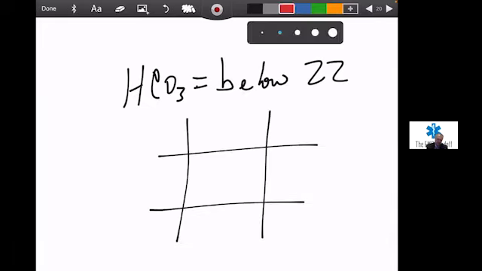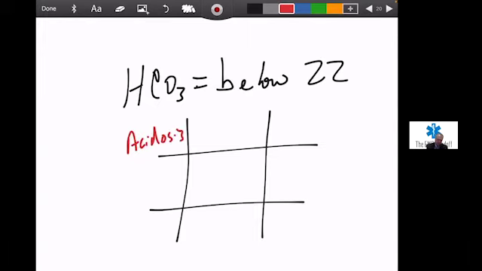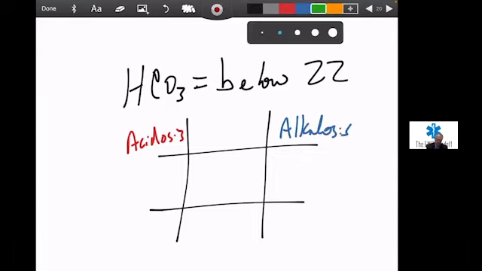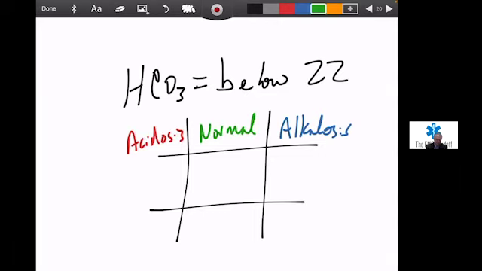If it is below 22, then I know that that is acidosis. And there we go.